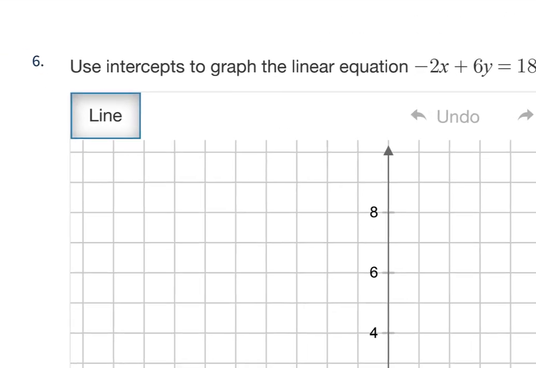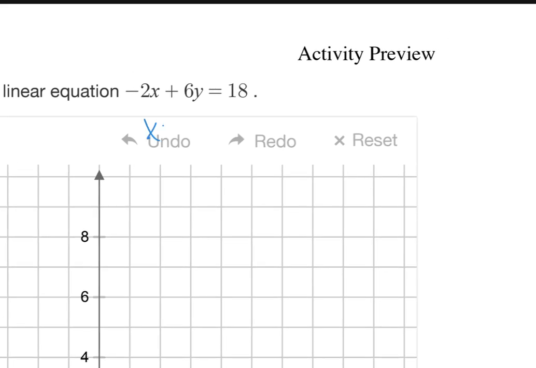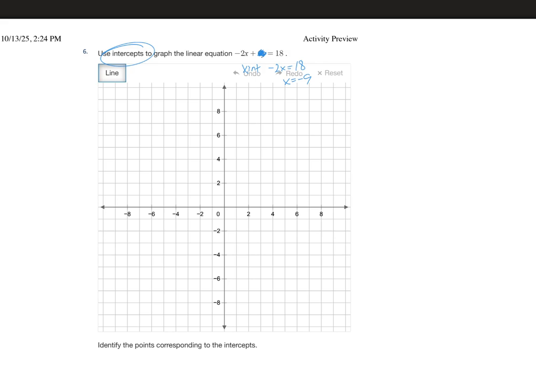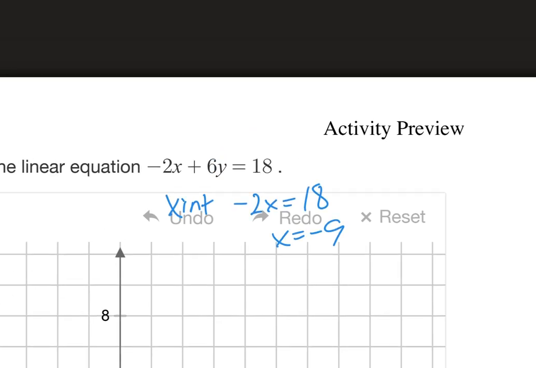Here we go. They want us to use the intercepts again. So the x-intercept is like this. -2x equals 18. It's at x equals -9, right about there. The y-intercept, gotta erase that real quick.